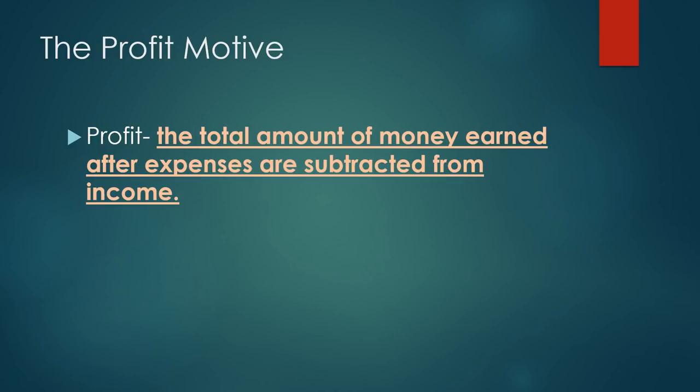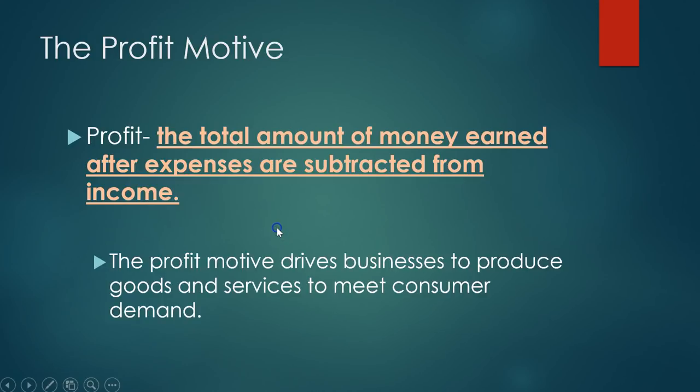You have to pay for the materials that you use to make whatever it is that you're selling. You may have to pay for the lights in that building, or any other factor that goes into the building, and then maybe even your employees as well. That is your true profit, the amount of money earned after expenses are subtracted from income.